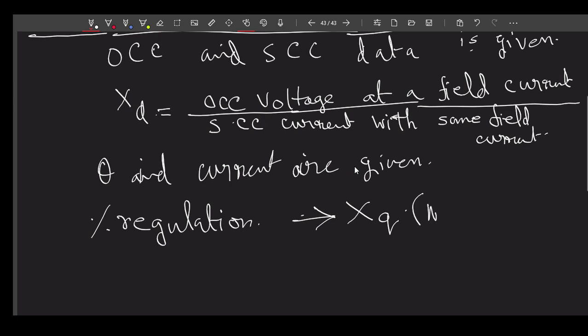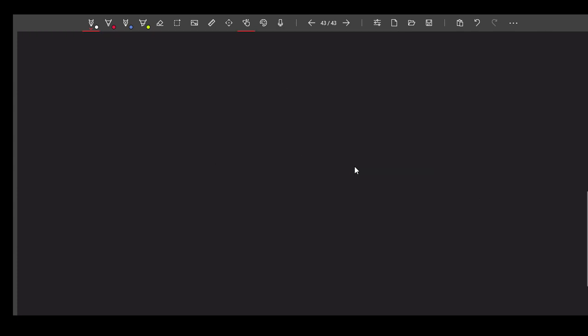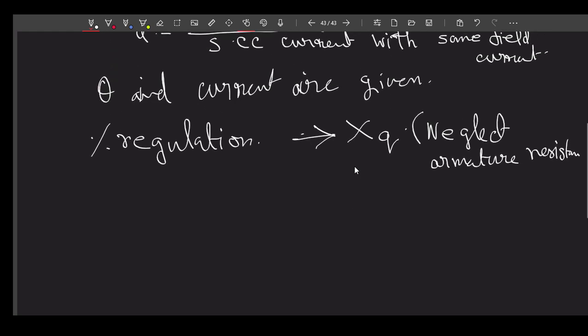Here if we neglect armature resistance, as of now we have not yet discussed, but later on I will show you that for R equal to 0, basically we can show that 3 V E sin delta by xt, that is some formula, is equal to 3 V I cos theta.